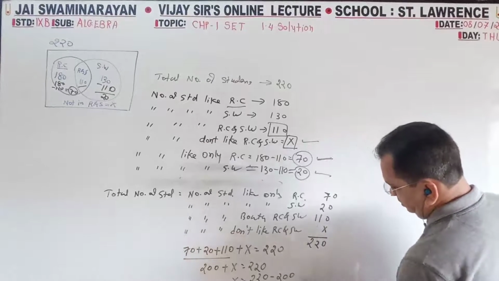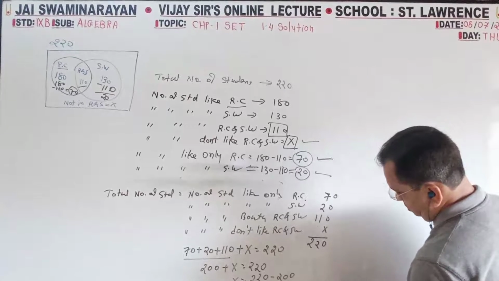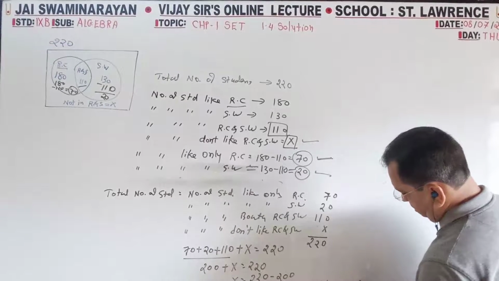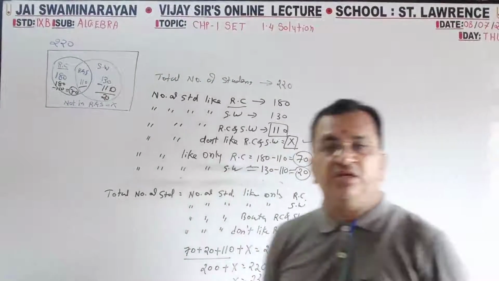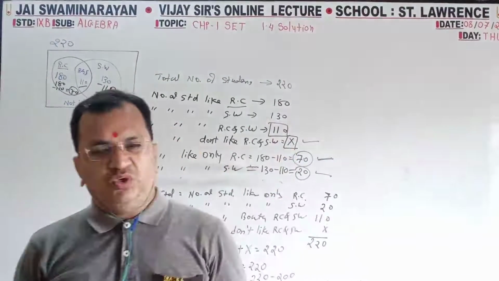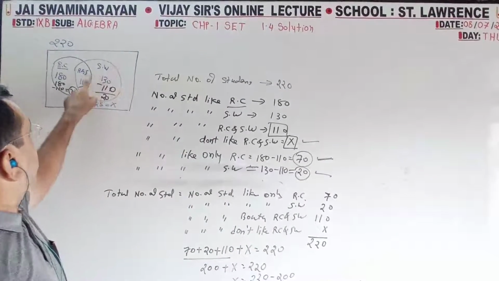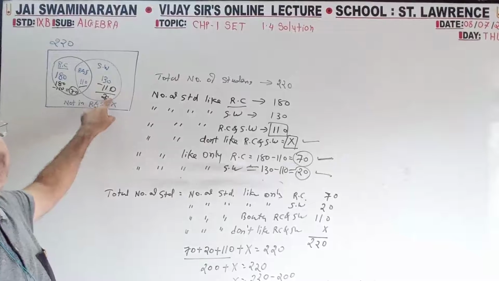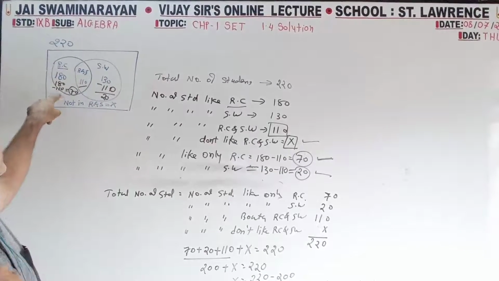Don't like rock climbing or sky watching. There are 4 groups. Only sky watching group 130 minus 110, 20. Second group only rock climbing 180 minus 110, so 70.